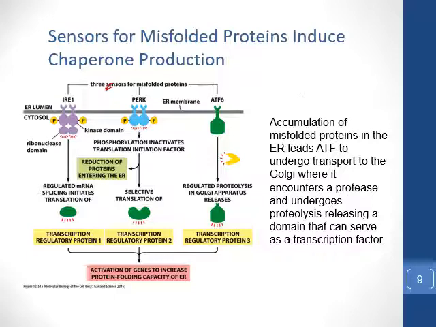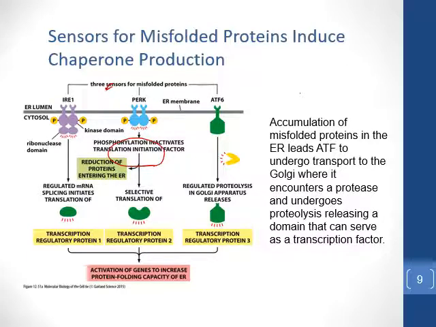The higher the density, the more difficult it is to fold. And so it's as if the ER says, well, let's not bring any more proteins to the ER to make things more difficult than they already are. So what you can see is that PERK is going to be involved in reduction of proteins entering the ER.